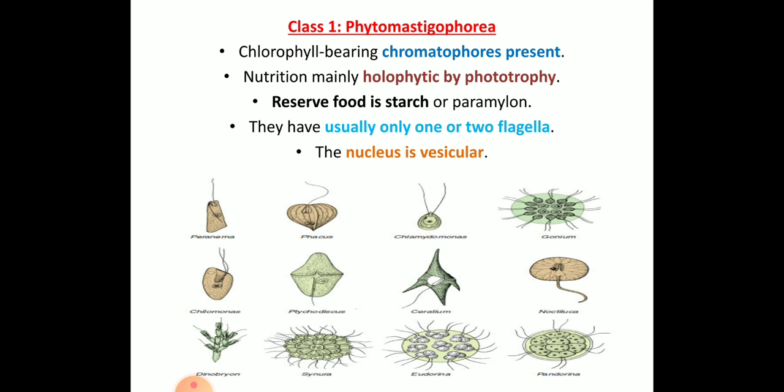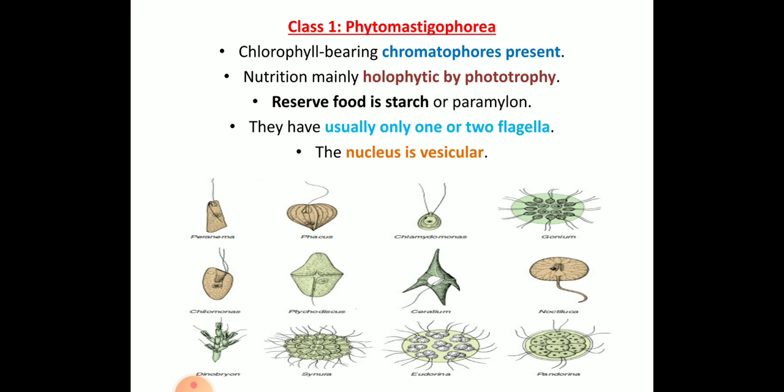So under that class Phytomastigophora, as the name itself tells, the phyto means they are somewhat related to plants. So they will be having chlorophyll. So usually they have chlorophyll, and these consist of chromatophores, means the colored pigments, you can tell the chromatophores will be present, and nutrition mainly is holophytic.